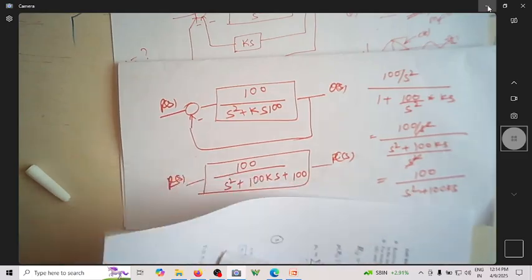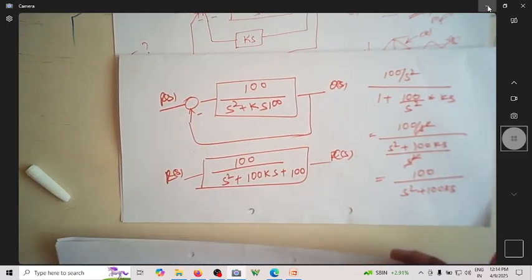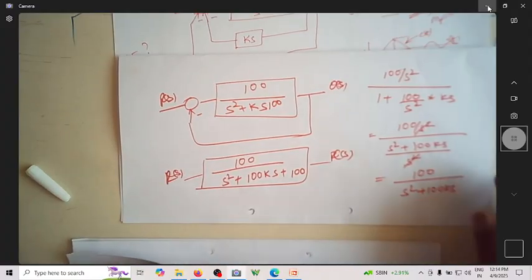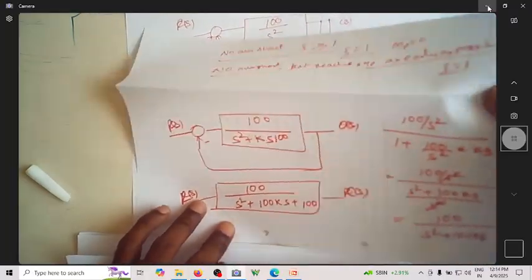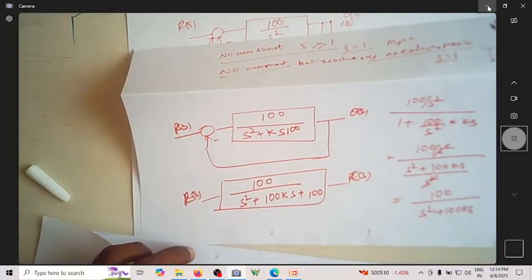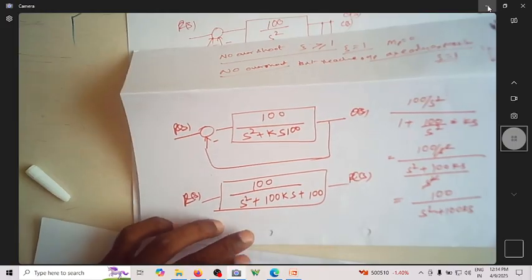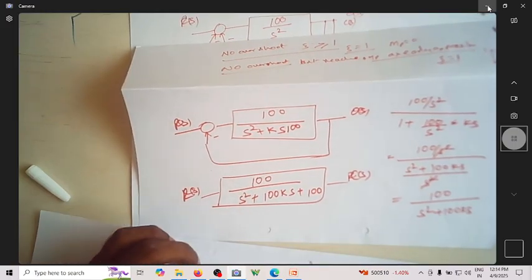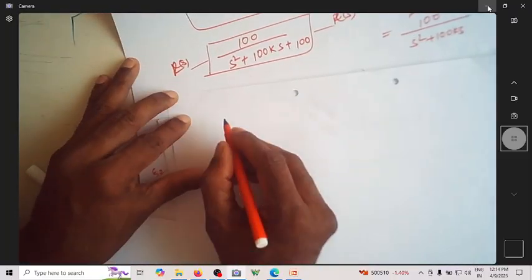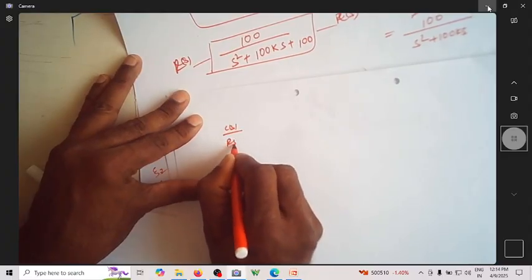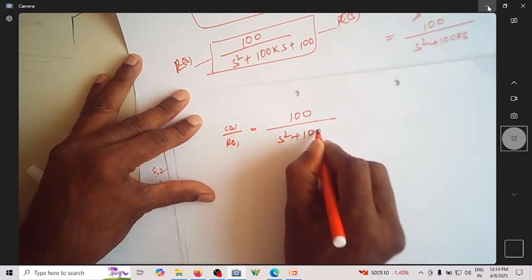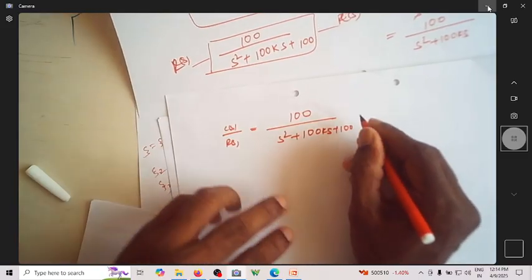Now let me write it. So I have C(s) by R(s) equal to 100 by s square plus 100 ks plus 100.